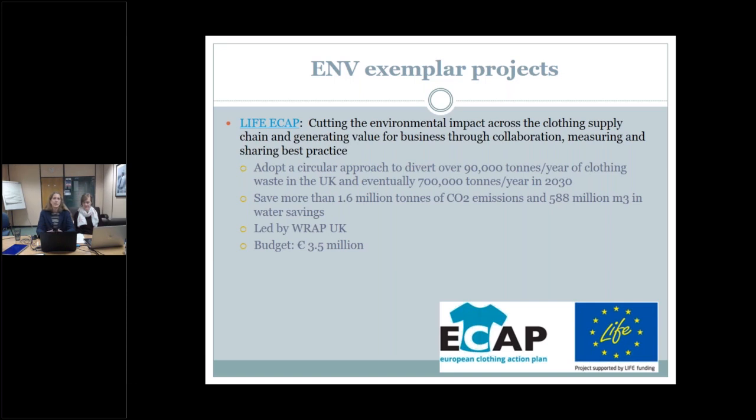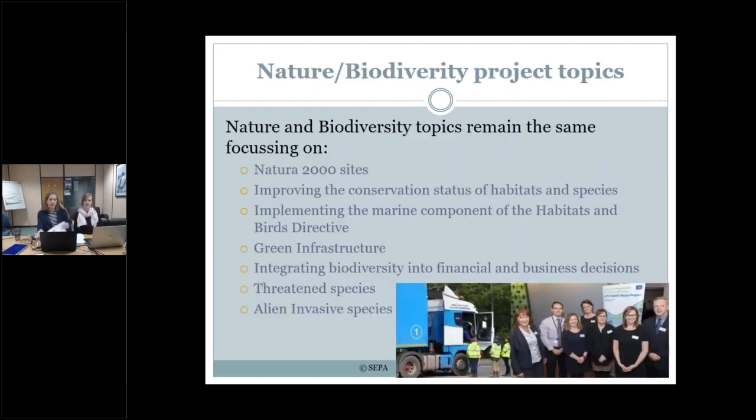And this project adopted a kind of circular approach to divert over 90,000 tons of clothing waste a year in the UK, and eventually that would go up to 700,000 tons a year, which would be saved by 2030. The project is led by WRAP UK and has a budget of 3.5 million.